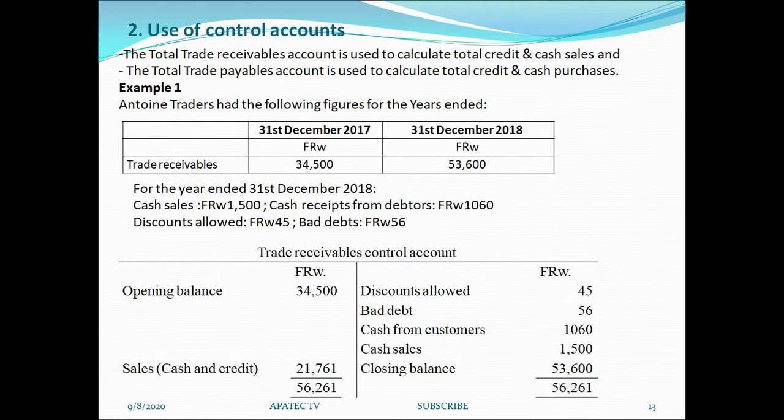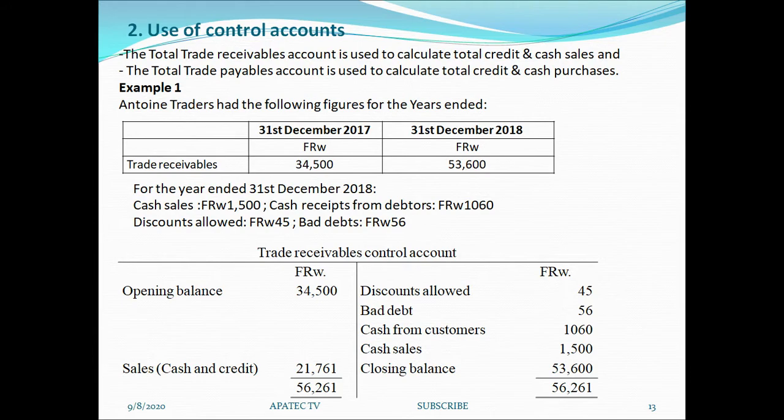The total trade receivable account is used to calculate the total credit and cash sales, and the total trade payable is used to calculate the cash purchases and also credit purchases. I hope you're understanding this. As I explained in the first video about the control account, this is an example. Mr. Antoine had the following figures for the year ended.